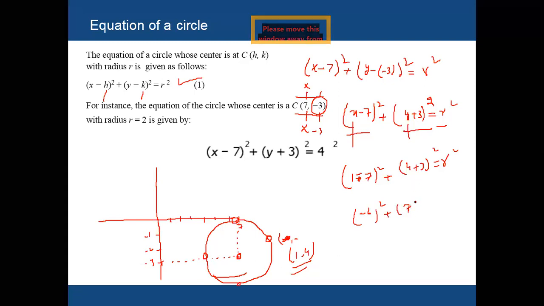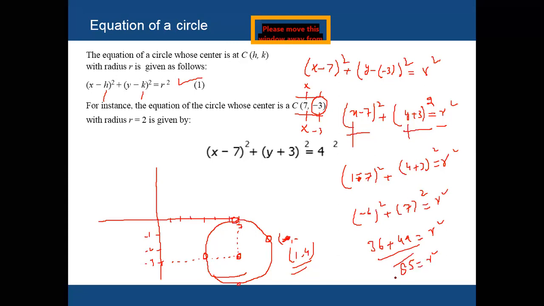4 plus 3 equal to 7 whole square equal to r square. So we have 36 plus 7 is 49 equal to r square. Adding these two, equal to what? Equal to 85. So 85 equal to r square.